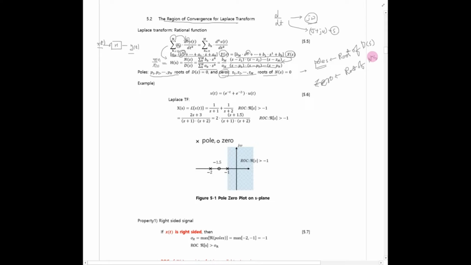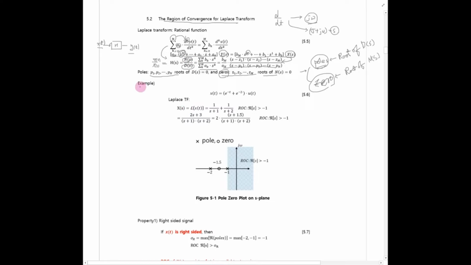Okay. From now on, I would like to use the terms pole and zero. You need to understand the meaning of pole and zero. So the pole is the root of the denominator. The zero is the root of the numerator.